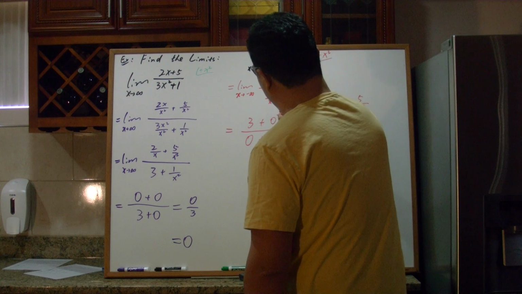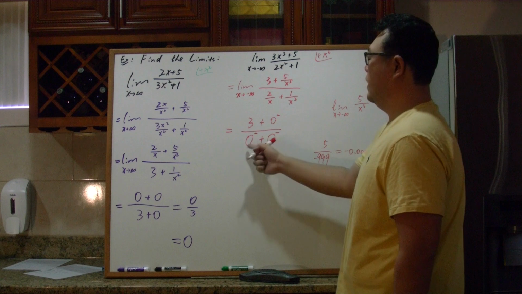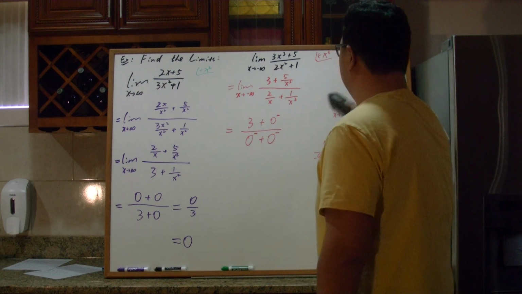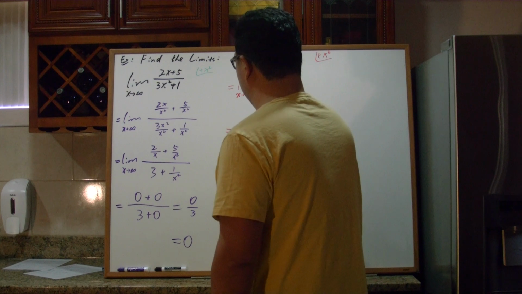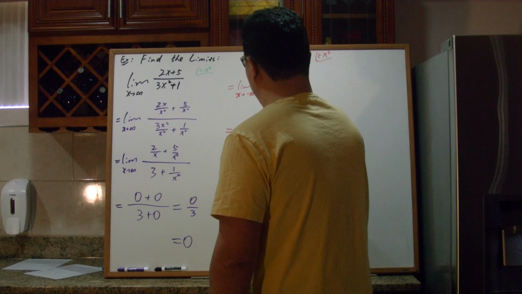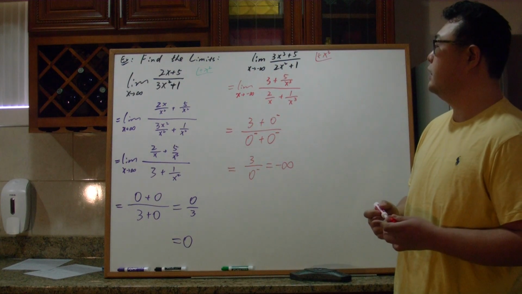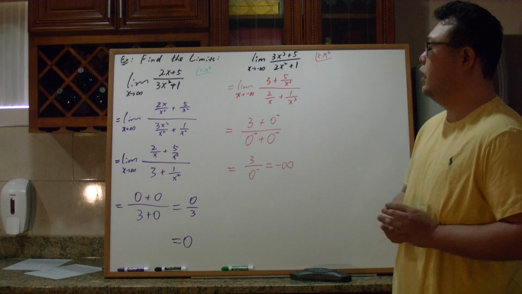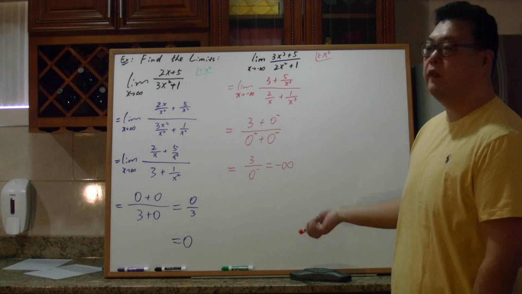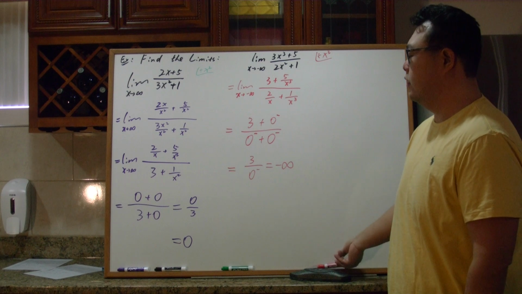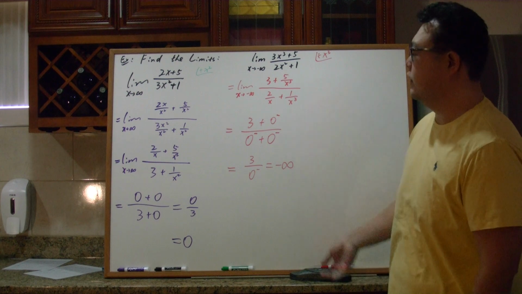Since we get odd powers, all the zeros are negative. So we get 3 over a negative 0, which is negative infinity. This one is maybe a little too hard, but it's still understandable. Questions in homework or in a test might be a little harder. But anyway, that's what it is.